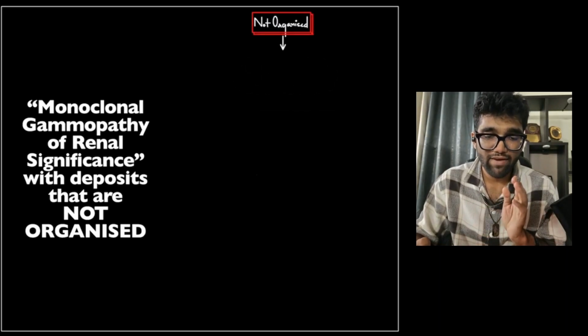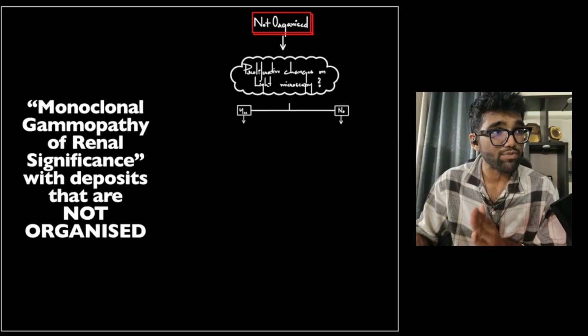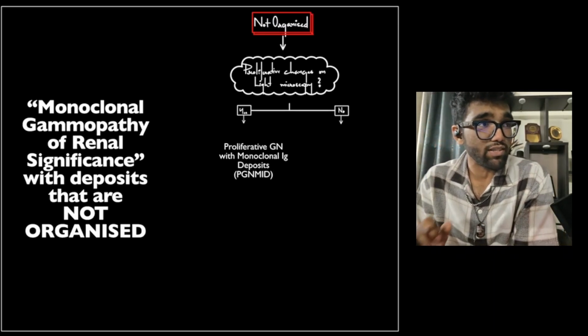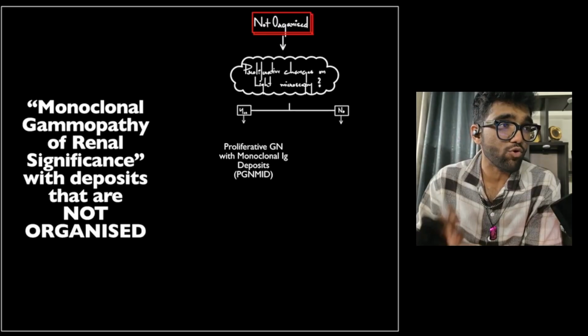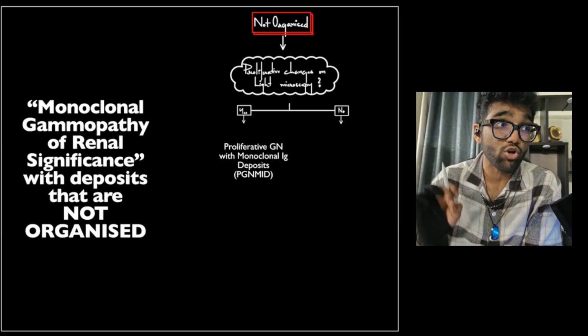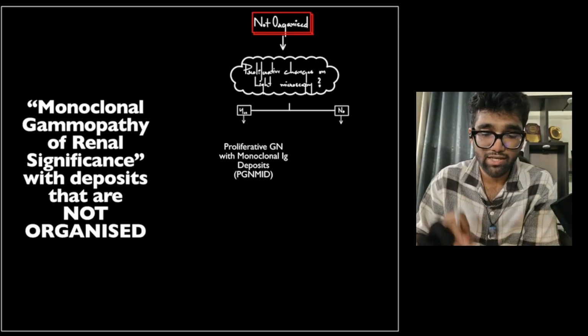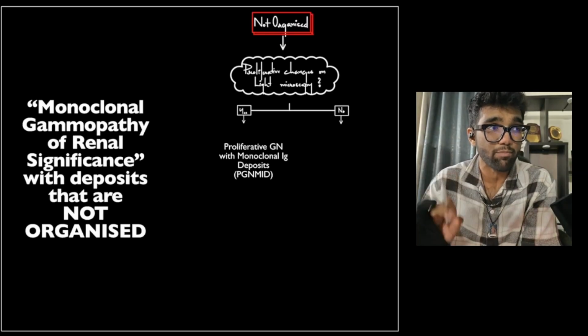organized. We divide them based on the presence or absence of proliferative changes, that is, whether or not there is membranoproliferative glomerulonephritis on light microscopy. So when you have proliferative changes, we call that proliferative glomerulonephritis with monoclonal immunoglobulin deposition, because please remember, in the previous step, we have already demonstrated that monoclonal immunoglobulin is deposited there.